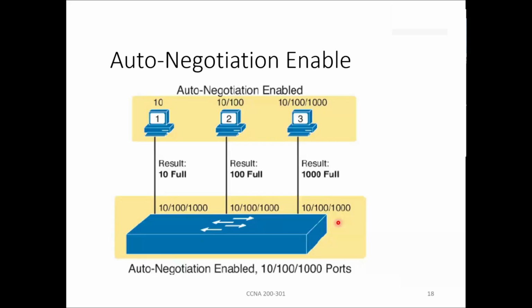And by default, these auto negotiation capabilities are enabled in a Cisco switch. So whatever speed a device wants to communicate with, the switch will auto negotiate the common speed, and then they communicate with that particular device.